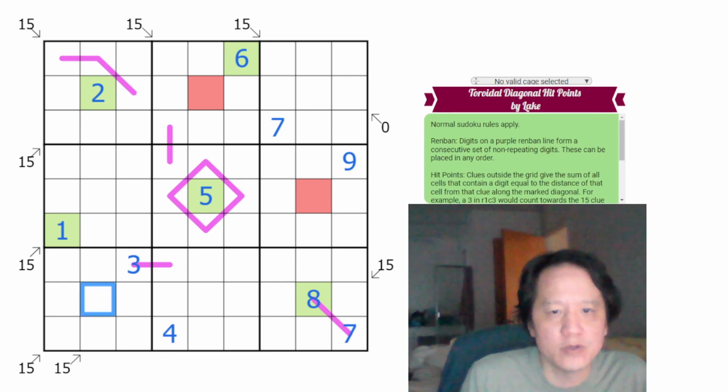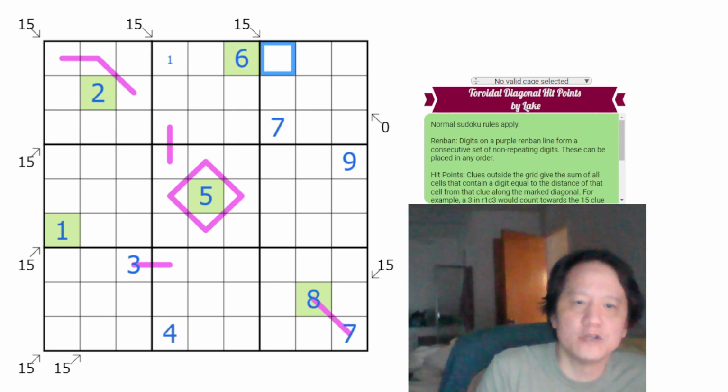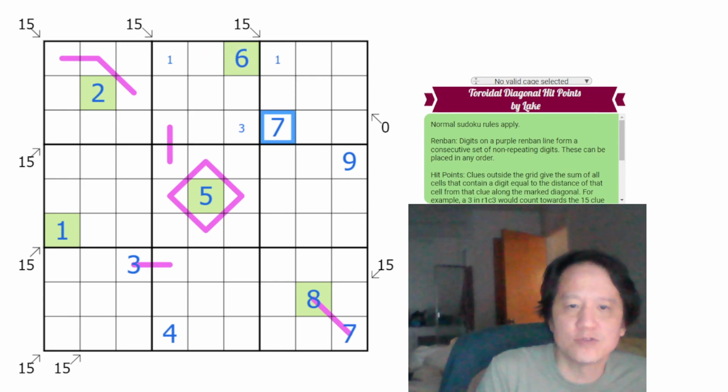So the 8 would be here. Okay, so then we know that possibilities for 1 is here. Possibilities for 3 are here. Then you could have 4. It cannot be 5. It could be 6. It could be 7.